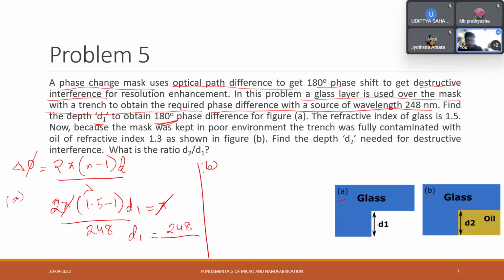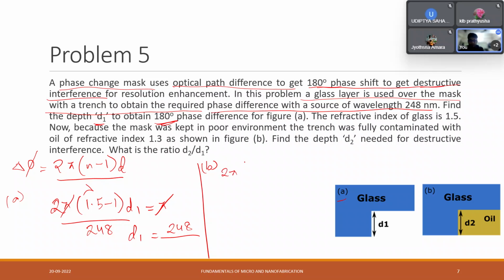For B, the depth d2 is needed for destructive interference. It is given that a 180 degree phase shift is needed for destructive interference, so similarly it will also require a phase difference of pi.